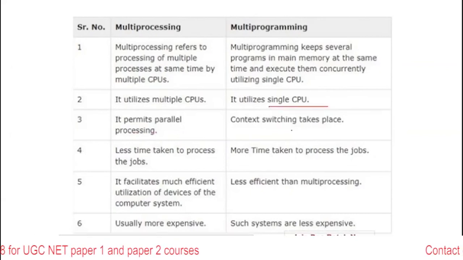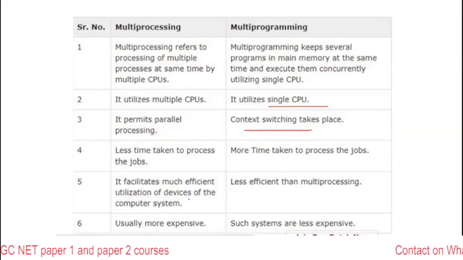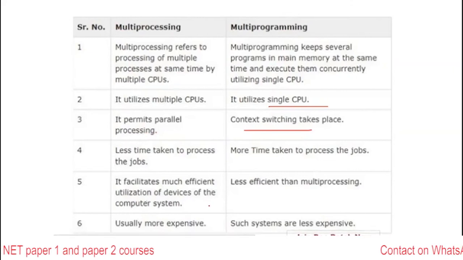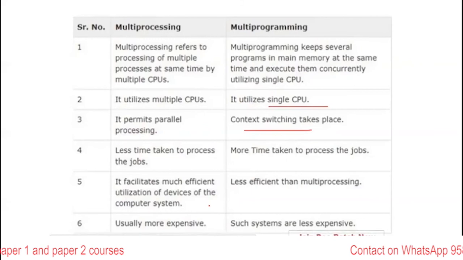Multiprocessing does parallel processing, while multiprogramming does context switching. Multiprocessing takes less time, multiprogramming takes more time. Multiprocessing facilitates efficient utilization, whereas multiprogramming has less efficient utilization. Multiprocessing is usually more expensive, whereas multiprogramming is less expensive.